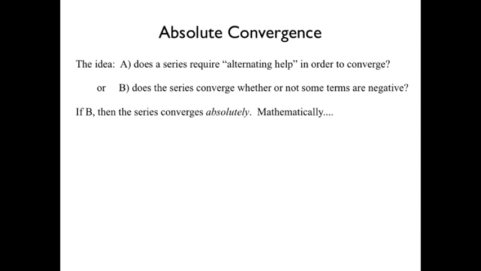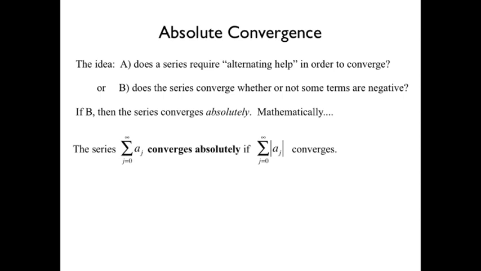So mathematically, we say that the series converges absolutely if the sum of the absolute value of all the terms converges. So, right, take away the alternating effect. If it still converges, then it's absolutely convergent, or converges absolutely.